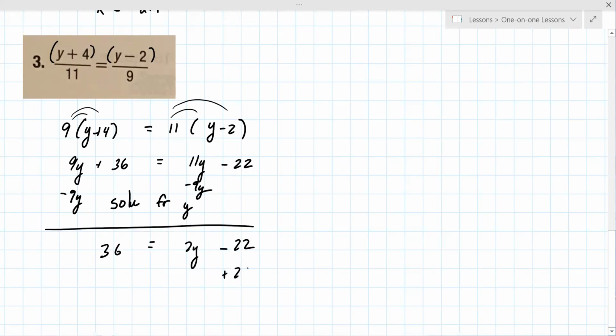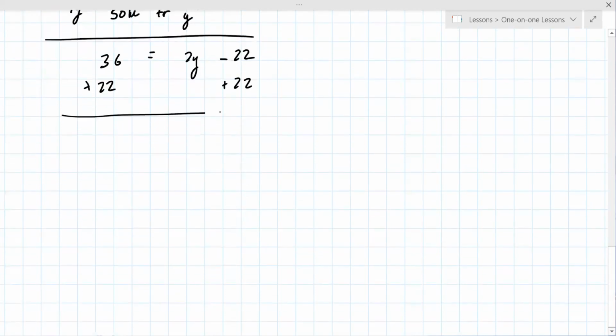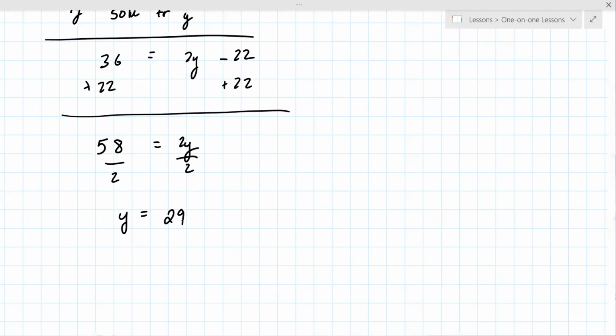And then add 22 to both sides. 58 equals 2y, divide by 2, divide by 2, so y equals 29. I suppose you could check this, but it's not necessary, unless you were unsure of the work you'd done up to this point.